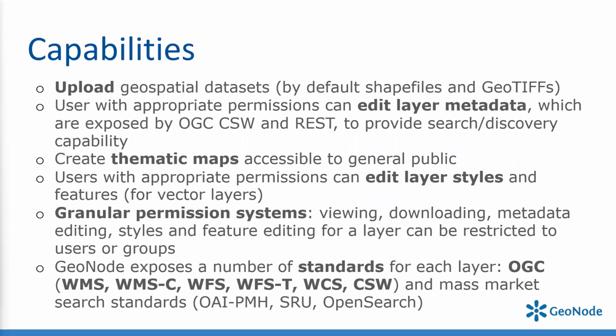As I briefly introduced before, GeoNode has several capabilities. The first one, of course, is to upload geospatial datasets directly from your own PC and then expose them through the OGC protocols, create thematic maps, geostories, dashboards, and so on.